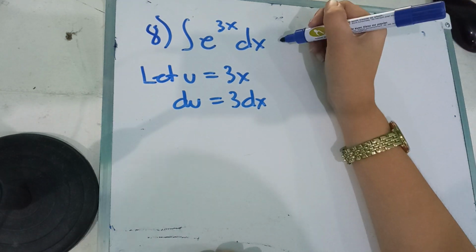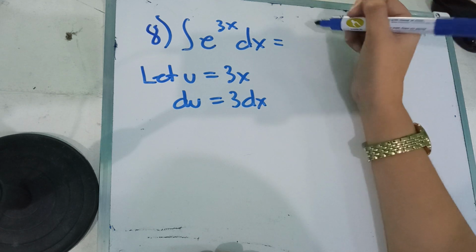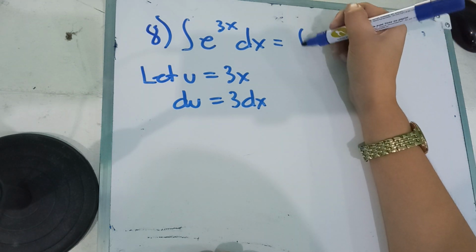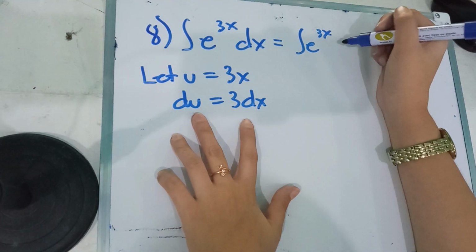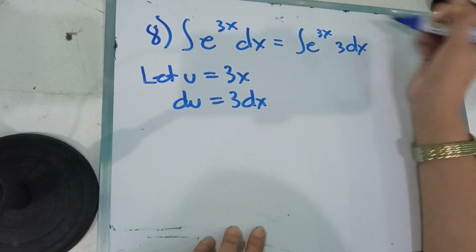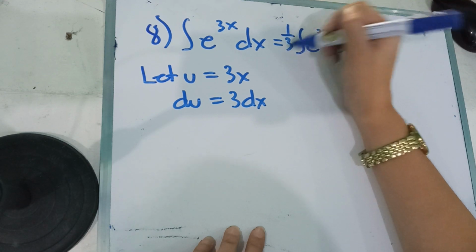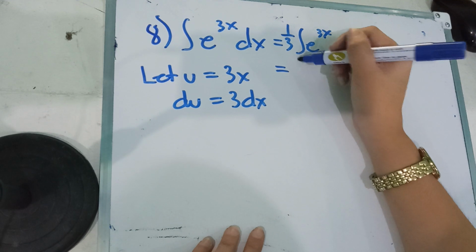So transforming the function, that's integral of e to the power of 3x, we can transform that to 3 dx, but again we need to put 1/3 outside of the integral symbol. Now that's 1/3.